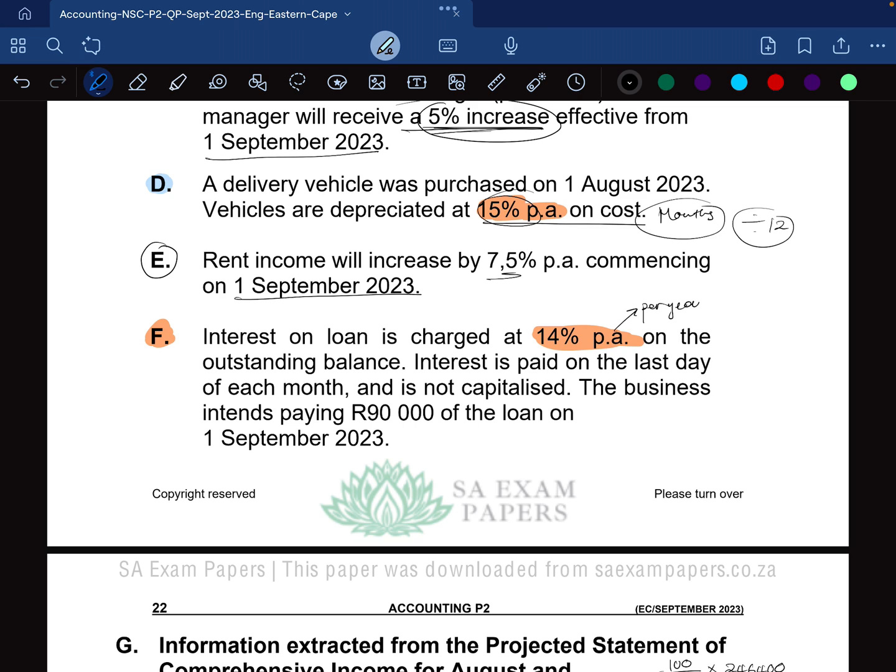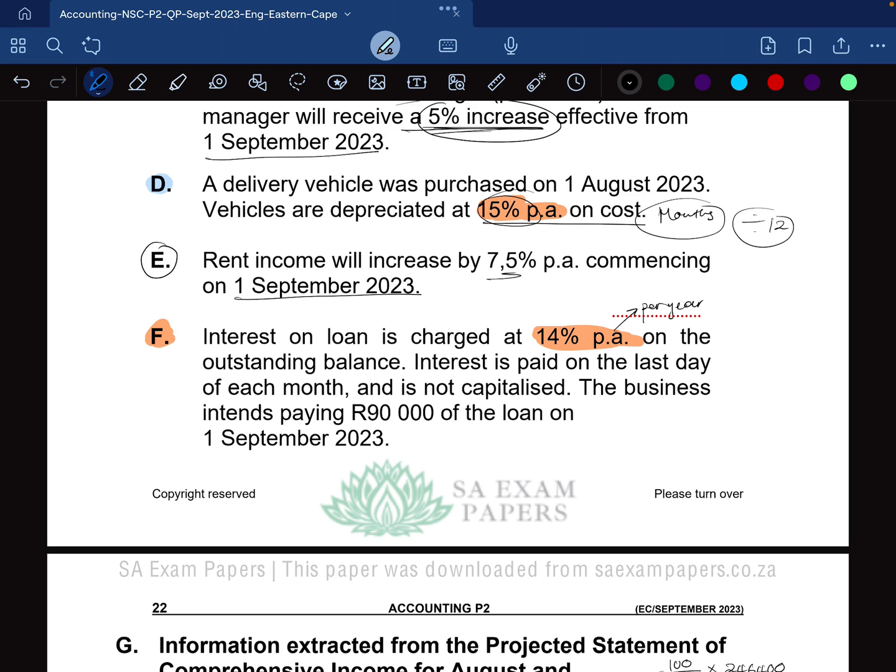So one thing that will most likely catch you out is interest or just interest rates, which is what you need to be on the lookout for, because you're making the budget for a certain month, but the interest would be for the whole year. So you would definitely need to either multiply or divide by 12, depending on the scenario that you're given.